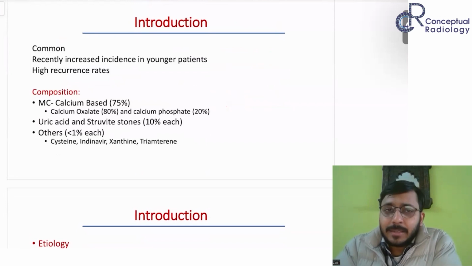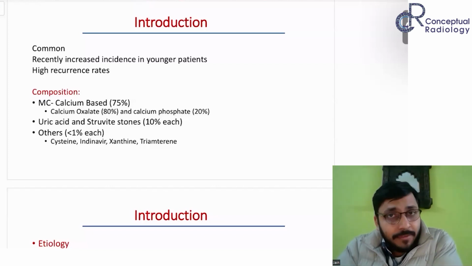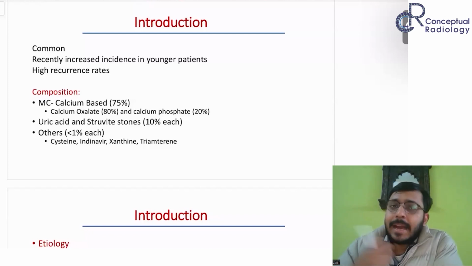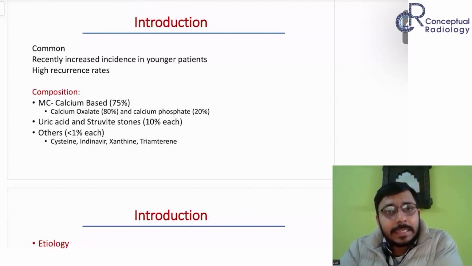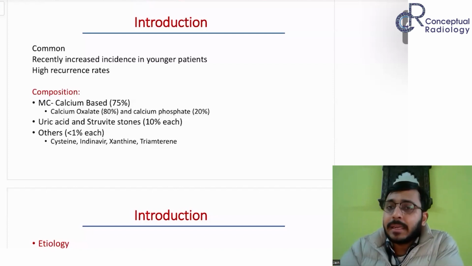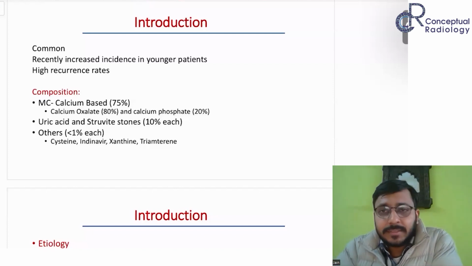It is high in calcium, so that gets precipitated in our kidneys. So lately, even in younger patients, the incidence has increased. And secondly, the disease is very important because it has a high recurrence rate. So even patients who have undergone PCNL have some residual stones or even recurrent stones, because it is actually a medical disease now, not a surgical disease per se.